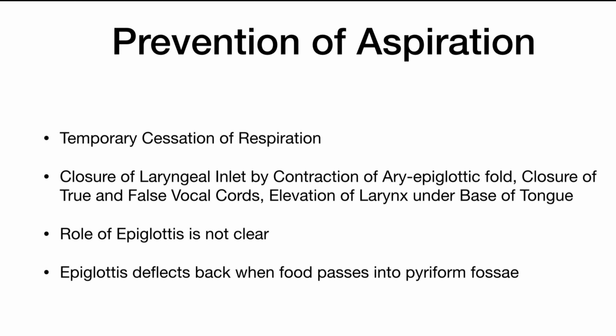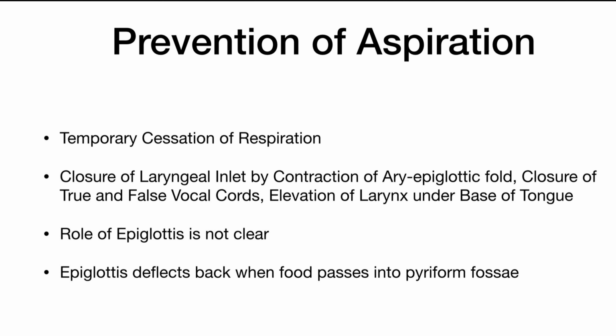But it is true that epiglottis does deflect back when food passes into piriform fossae. However, what is the importance of this deflection? Nobody really knows for certain. So what we have learned in school about the single most important role played by the epiglottis to prevent food from entering the windpipe is not entirely accurate.